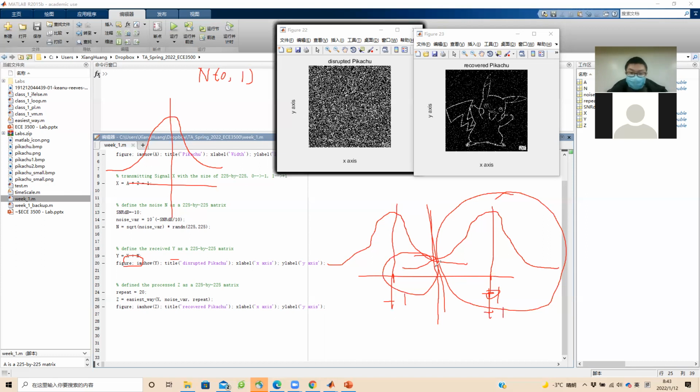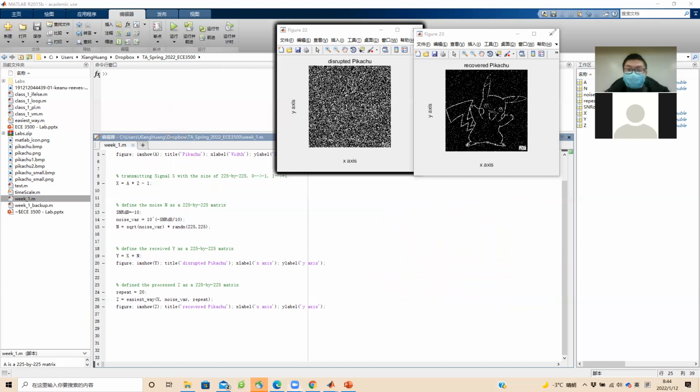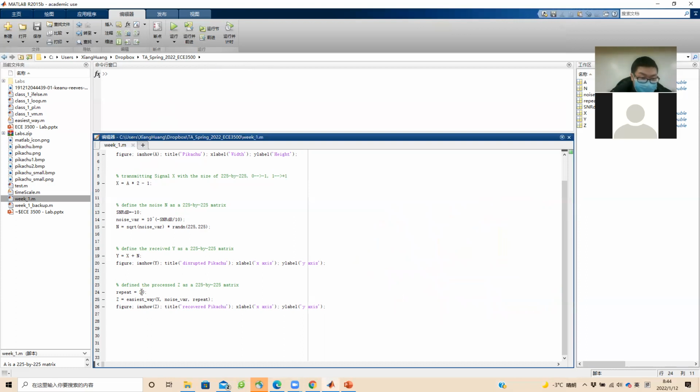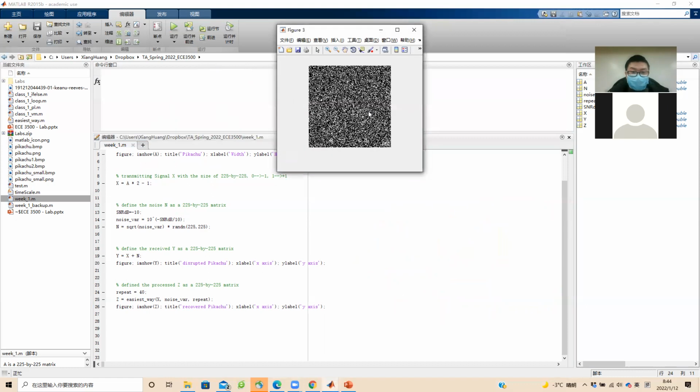So if we keep transmitting our signals and combine them, we can recover it very well. For example, if I repeat 40 times, we see it will be recovered very well.